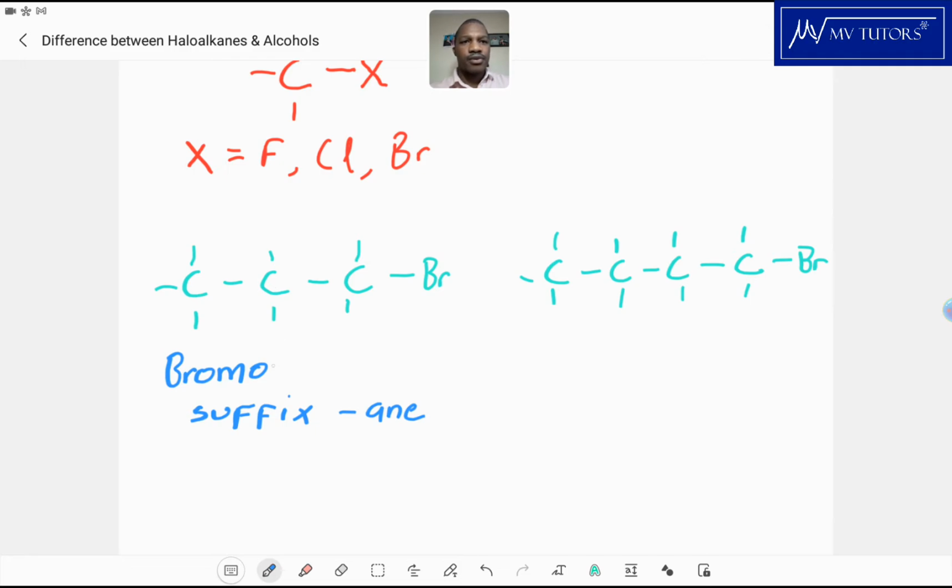Prop. So this is a bromopropane, and then the suffix is ane, like that.